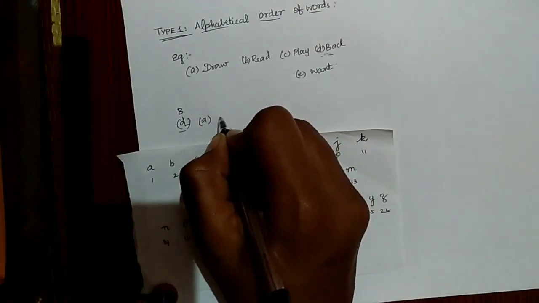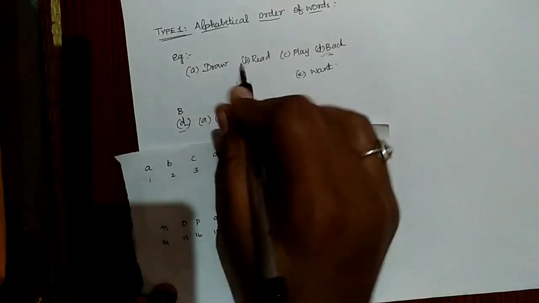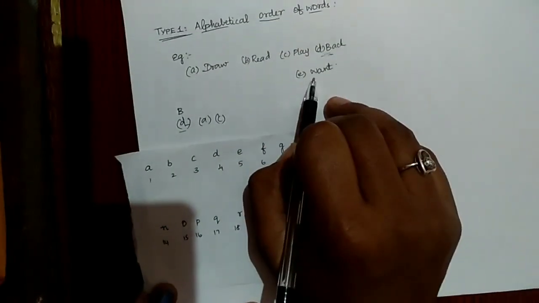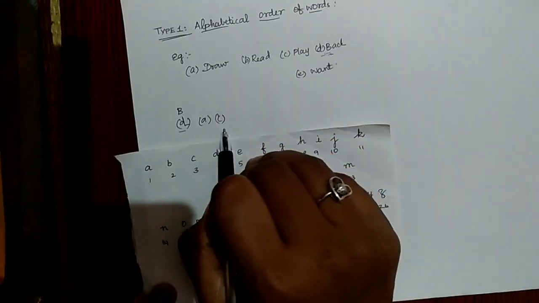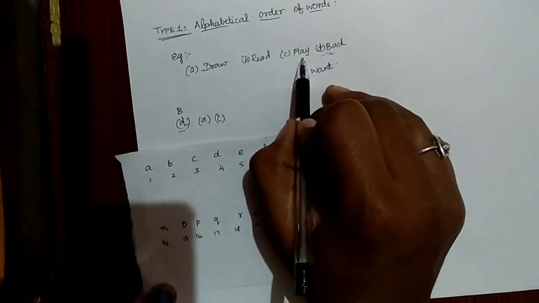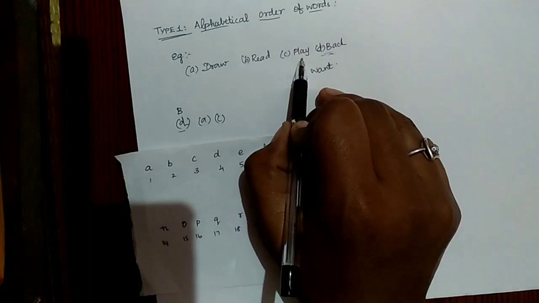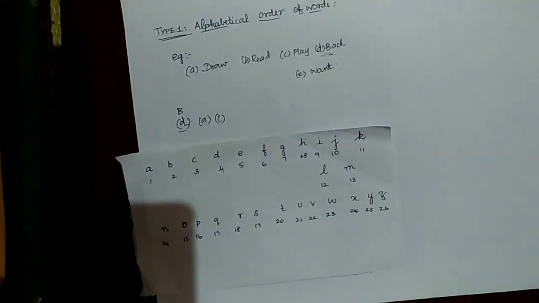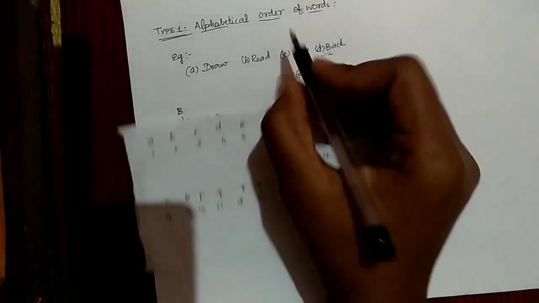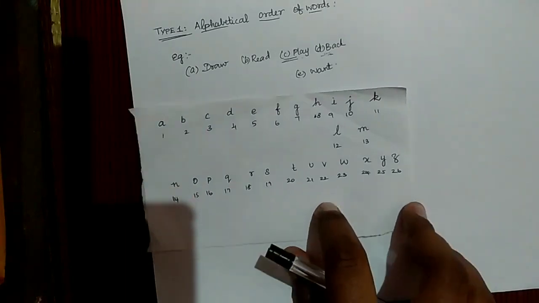So option C here. This only has 5 words. We know that the third word is the middle word. So option C, play, will be in the middle. Okay. If the following 5 words are arranged in alphabetical order, which word will come in the middle? So it will be play, right? Okay, like this only the questions will be given. I'll give you another example.